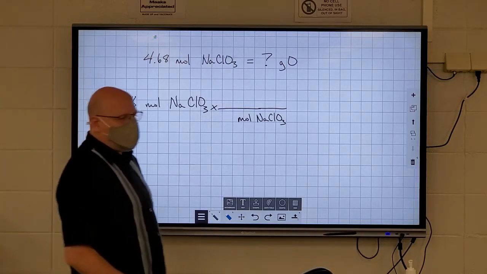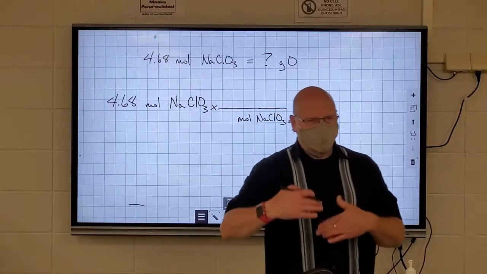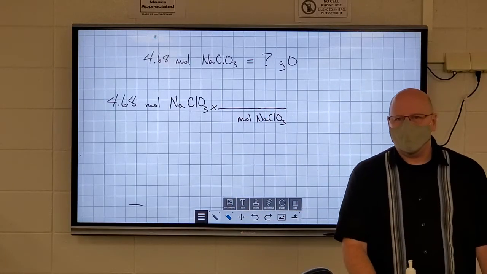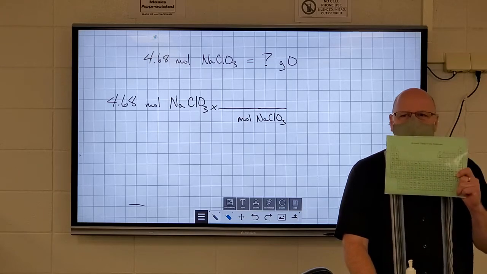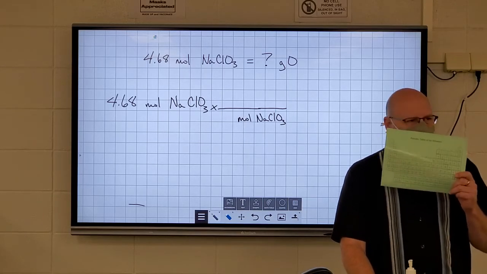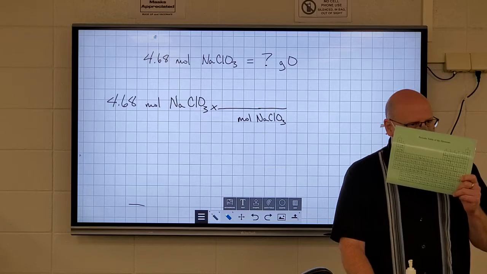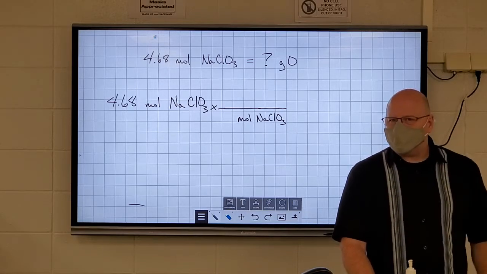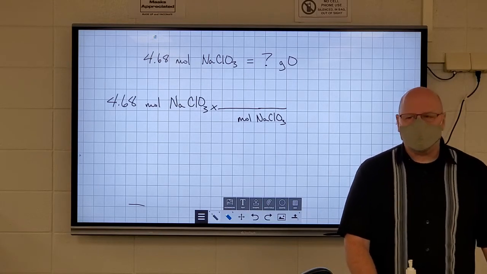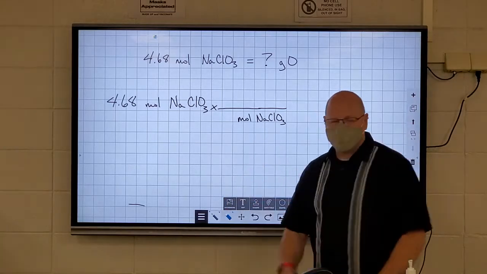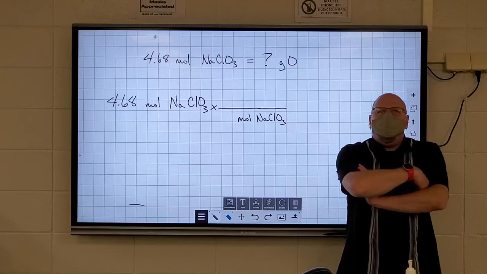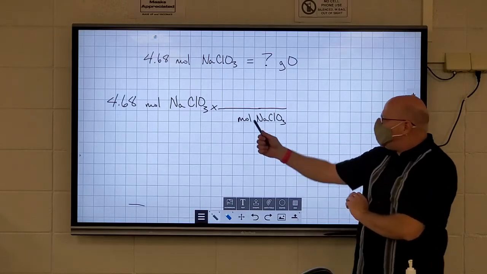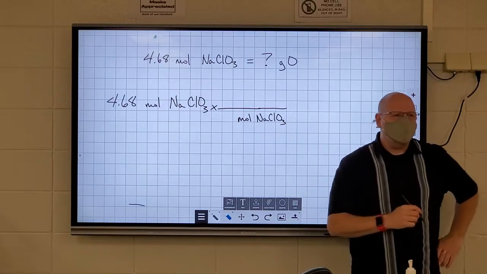Now here's the thing. You don't have a list of conversion factors. You have a reference, and there are many thousands of conversion factors on this periodic table, and many thousands of different conversions between moles and moles depending on what the formula is. Now, we have the unit of moles of sodium chlorate.